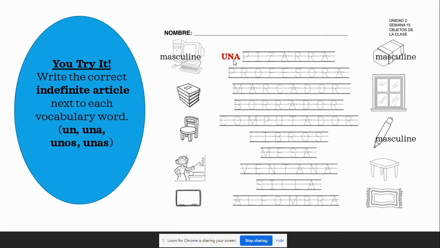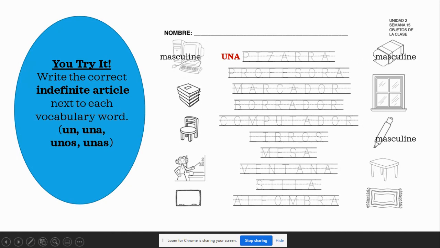So you guys have a lot to do. Keep in mind that some of these words are masculine, and I did point out those that are masculine that don't end in your typical O. So you'll notice that we use computador for the computer, and that's actually masculine.